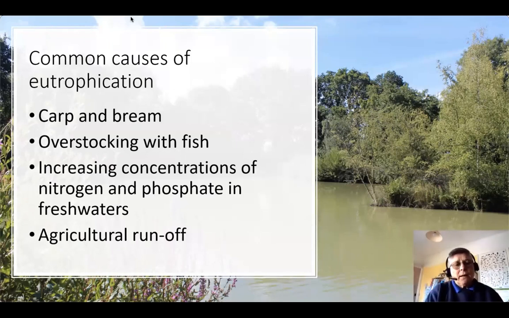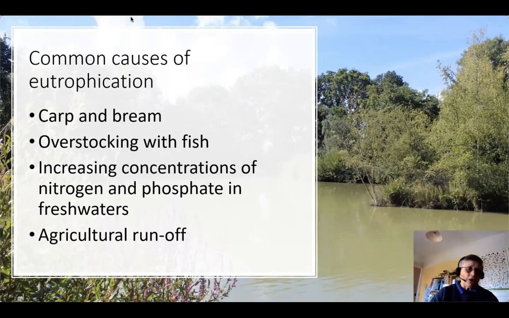So if you had a lake where there were very few carp and bream, then the phosphate will become chemically locked into the sediment, and it doesn't go back into the water column. But unfortunately, because of the way carp and bream feed, they actually stir up the sediment on the bottom, and of course that allows the phosphate to get back into solution, and away we go with an algae bloom.